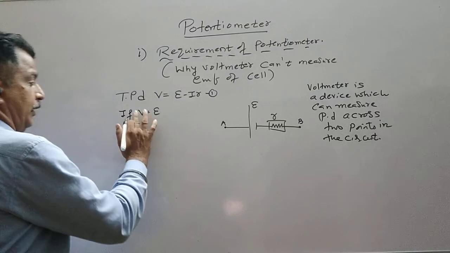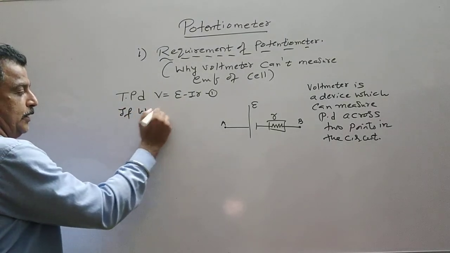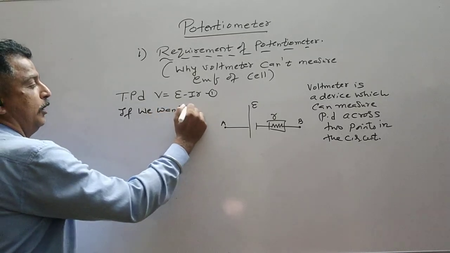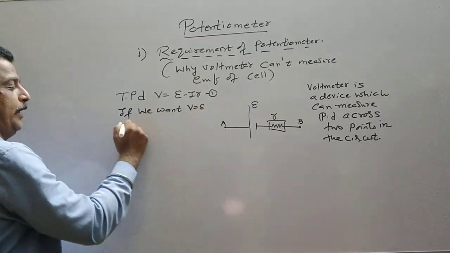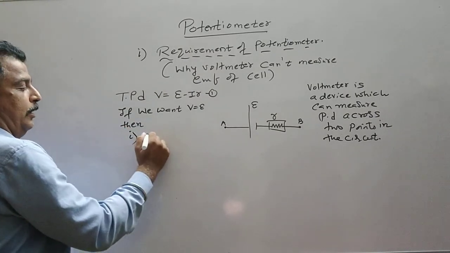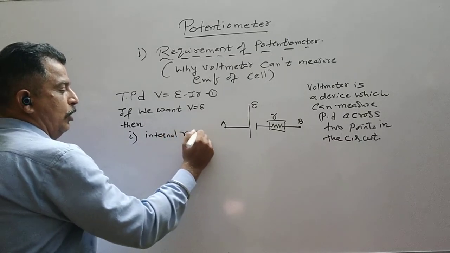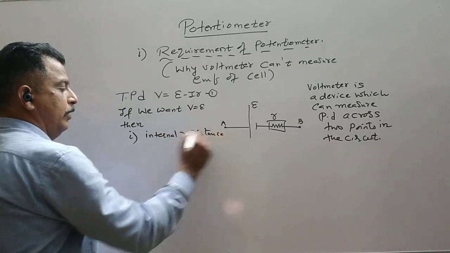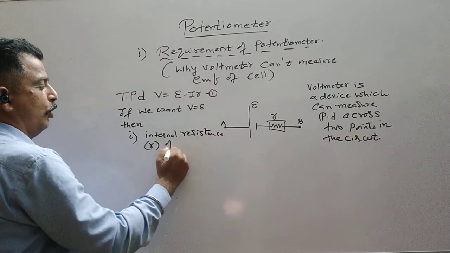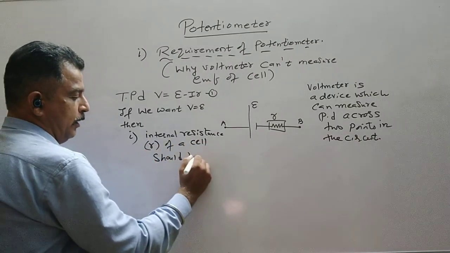So this is the situation: if we want V equal to E, then number one, the internal resistance r of the cell should be 0.